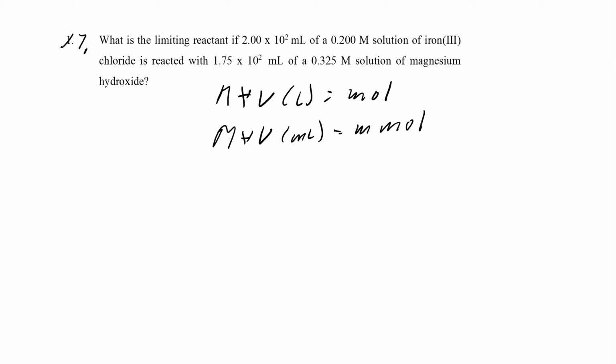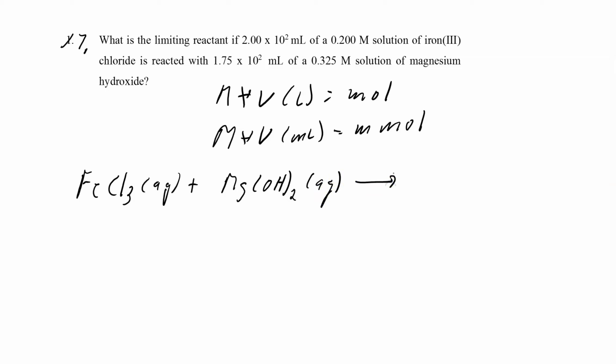But before we can do anything, we need to balance the chemical equation to make sure we get the proper stoichiometry relationship between the two reactants. We're reacting iron(III) chloride, FeCl3, aqueous, with magnesium hydroxide, Mg(OH)2, aqueous.